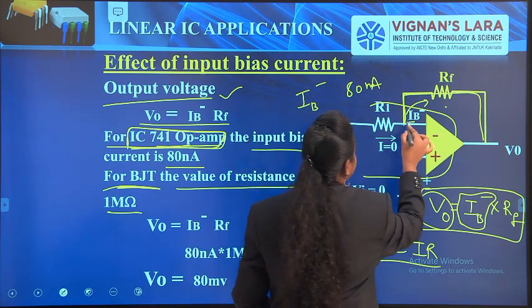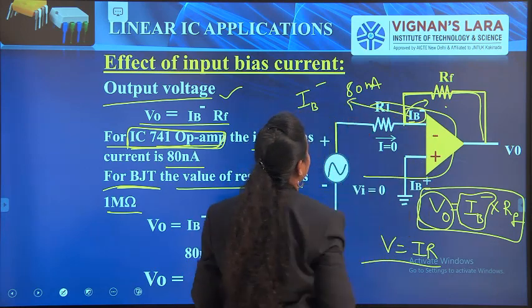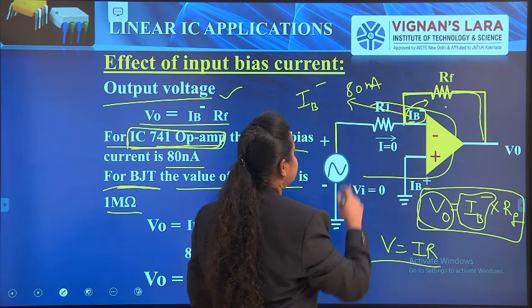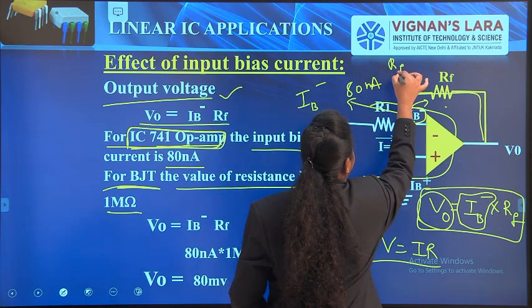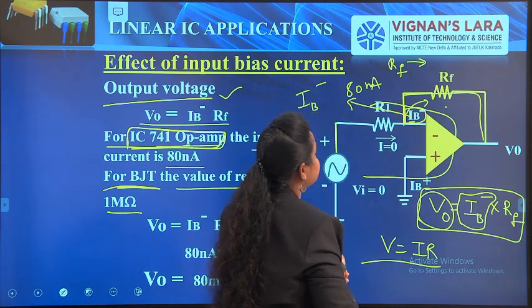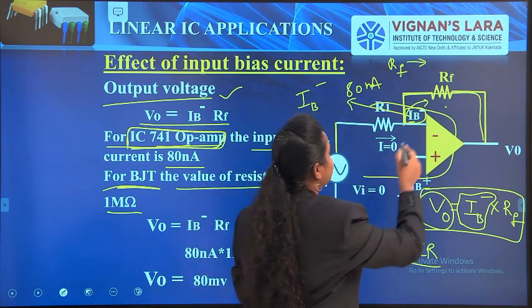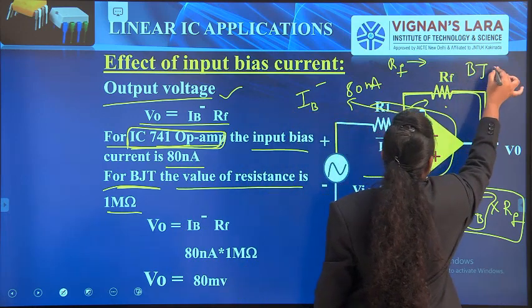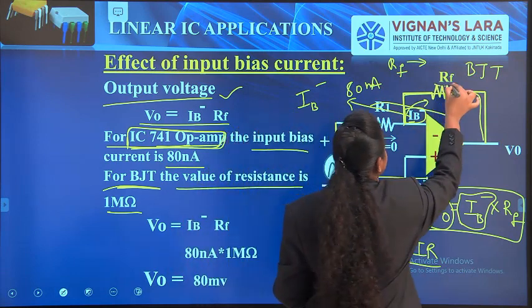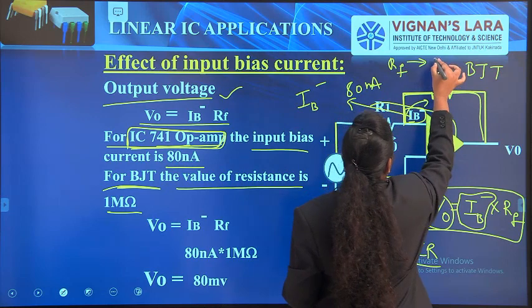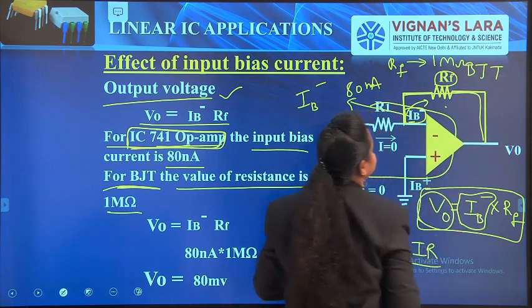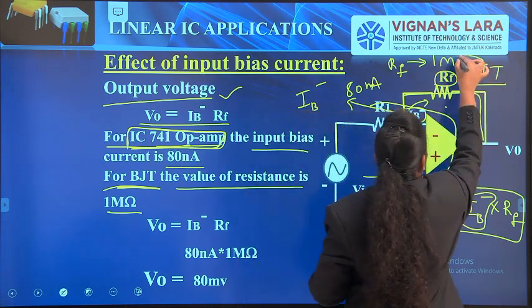Here the current flowing through IB minus is 80 nano amperes, and RF is the negative feedback resistor, with a resistance value of 1 mega ohm.